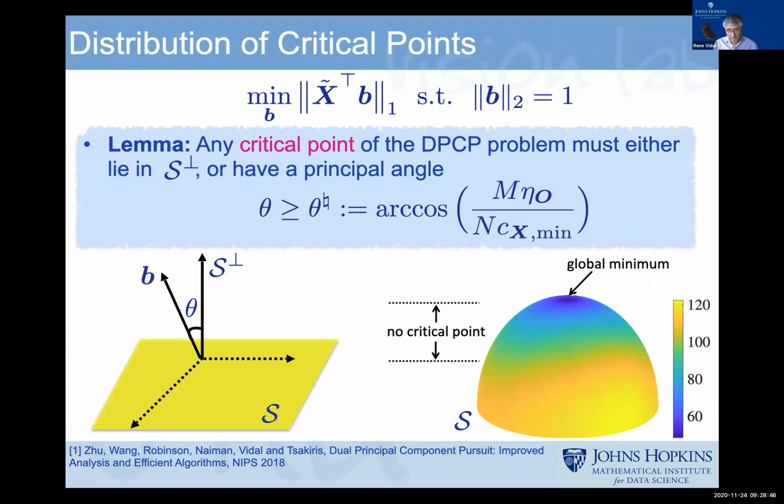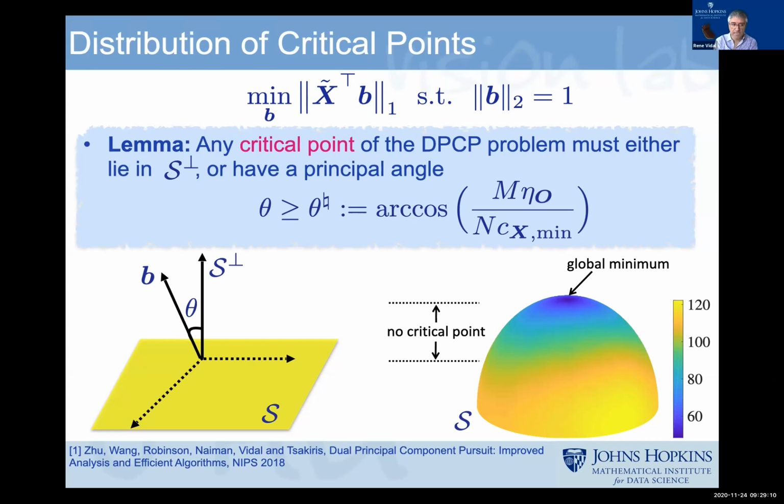So with that in mind, this is our first result, which characterizes the distribution of the critical points of this objective. What this lemma says is that if B is a critical point of this DPCP problem, then there are only two possibilities.